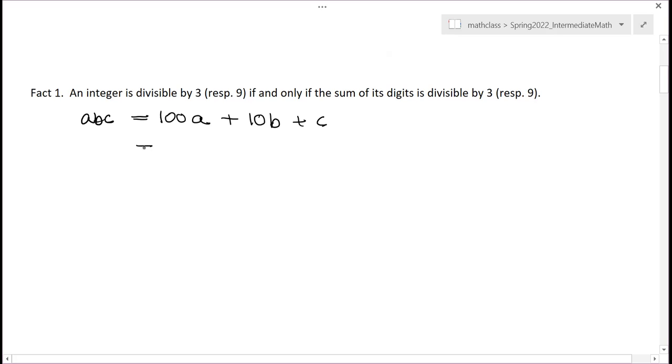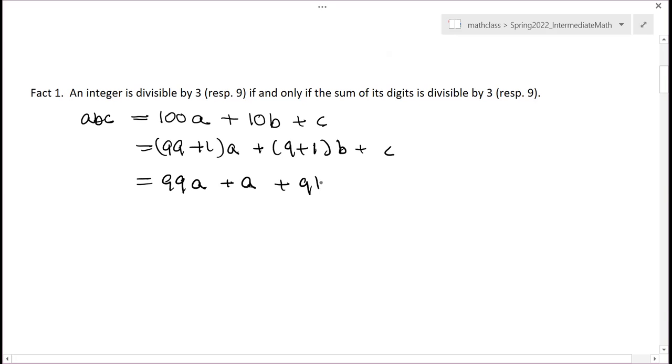So 100 is going to be 99 plus 1, right? And 10 is going to be 9 plus 1. So now you can separate them: 99 times A plus A, and 9 times B plus B, and plus C. Now we're going to regroup them: 99A plus 9B, and then you have the sum of the 3 digits, right?